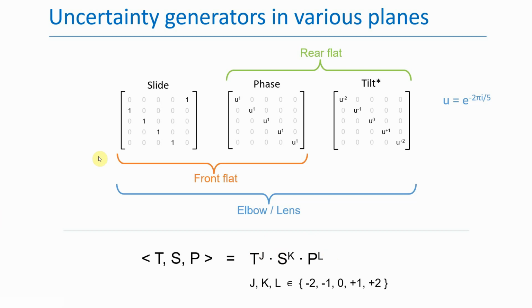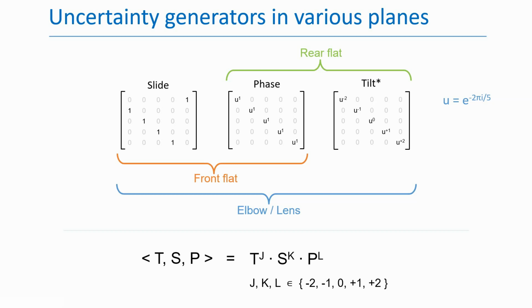At the flats, the uncertainties are smaller: slide phase at the front flat and tilt phase at the rear flat. The flat planes are analogous to atoms inside a magnetic field.